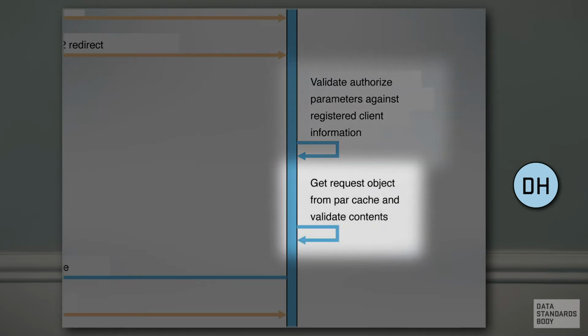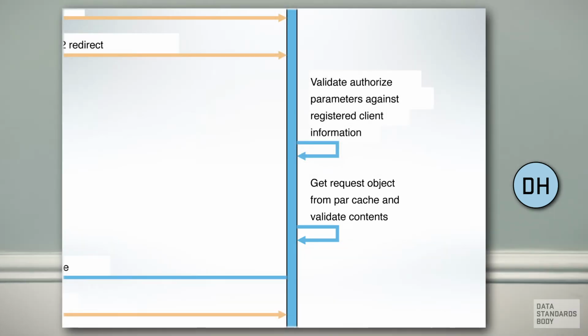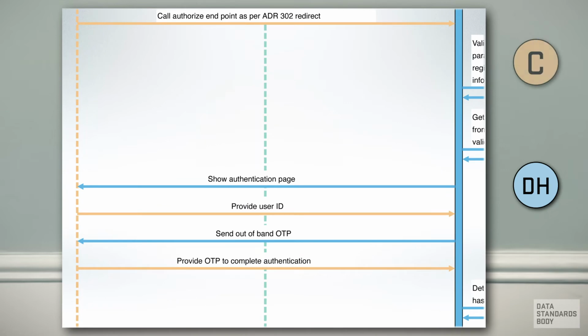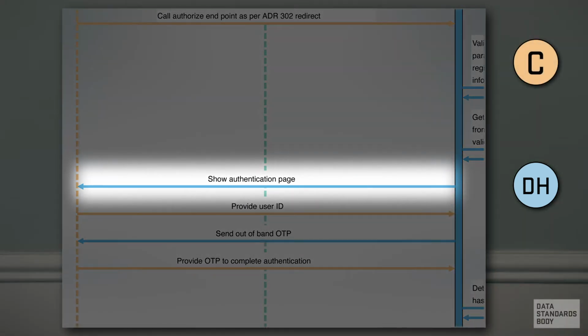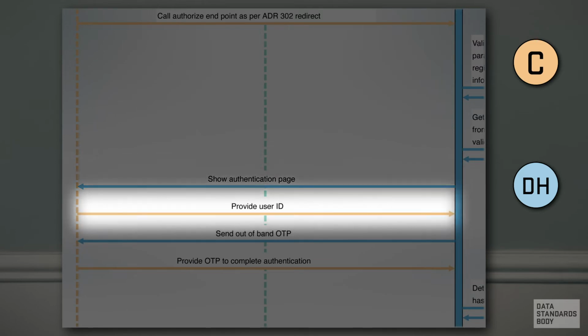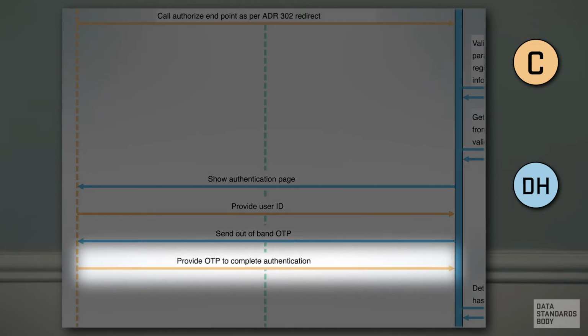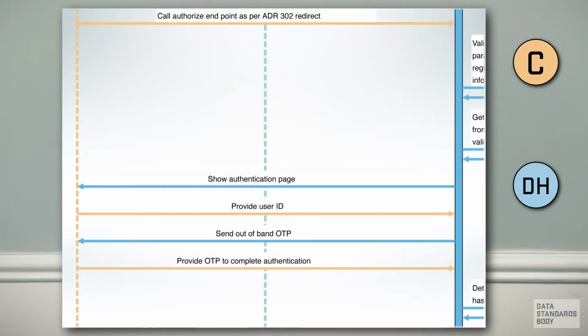They go to their cache and they use the request URI reference to extract their request object from their PAR cache, and they validate its contents. That would include looking for an arrangement ID if there's one existing, and then they would show the authentication page to the user, to the consumer. The consumer then enters their user ID, the data holder sends the OTP, the consumer gets the OTP and provides it to complete authentication.